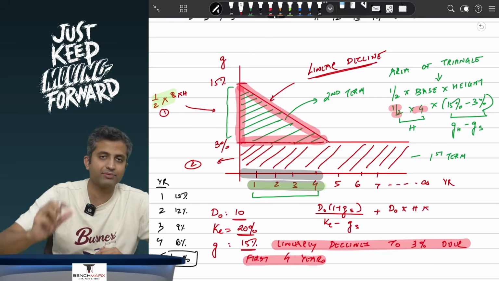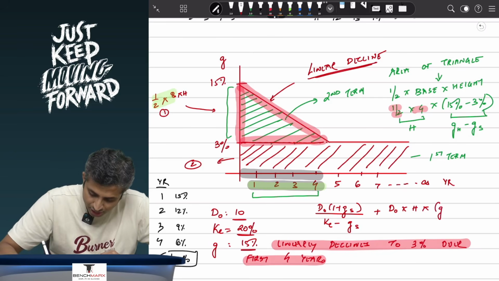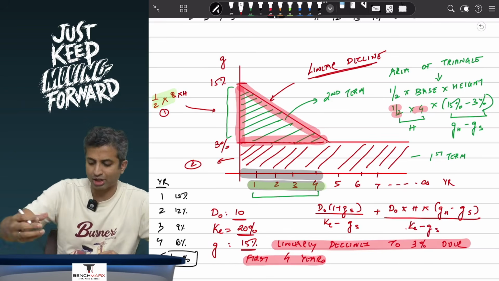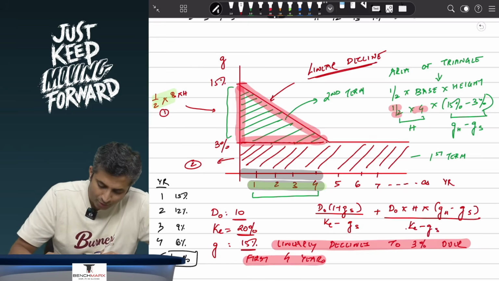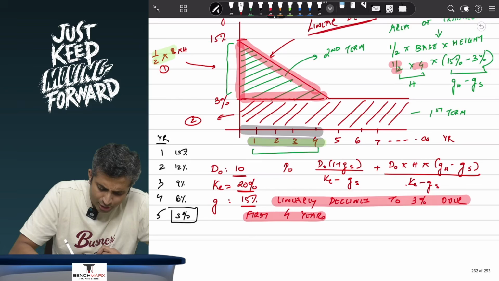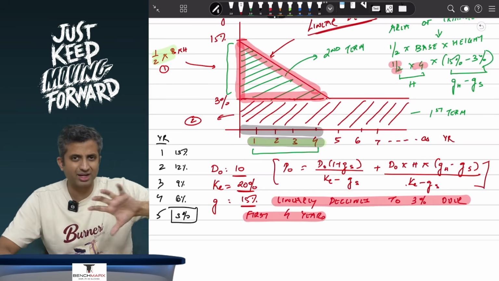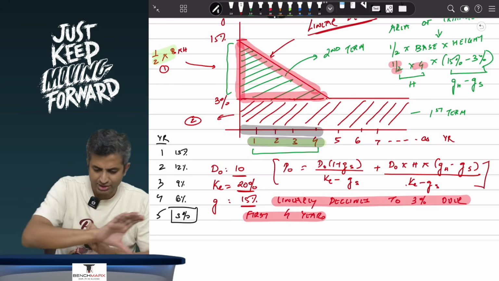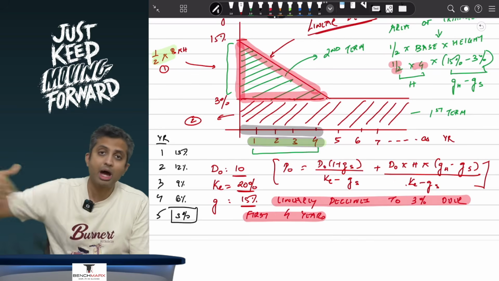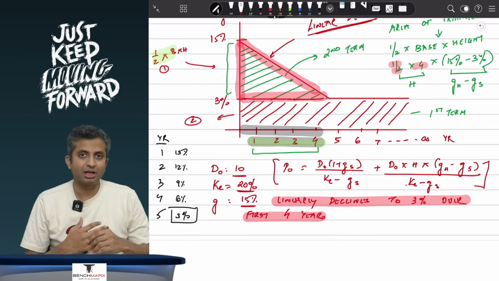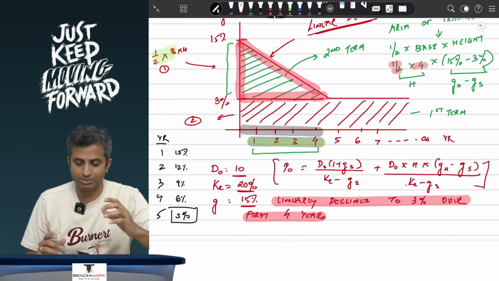H is half into the base into g of the high growth phase minus g of the slow growth phase upon, again, Ke minus gs, because ultimately you are trying to find the present value. So over here, loosely speaking, when you look at the price of a share, the price of the share will equal the present value of this entire rectangle which is there below plus a triangle above. Literally, this is how this formula is derived, and hence there is a bit of approximation over here.